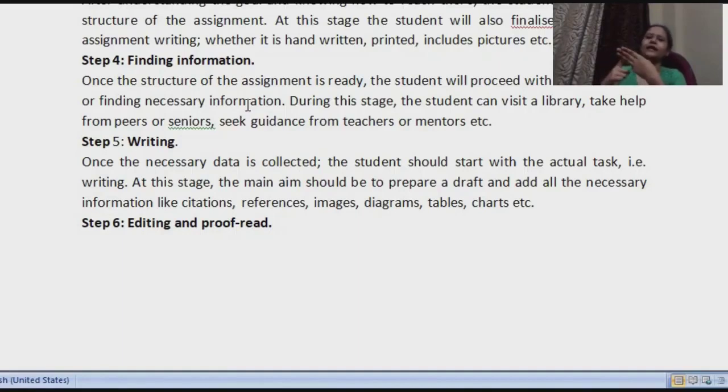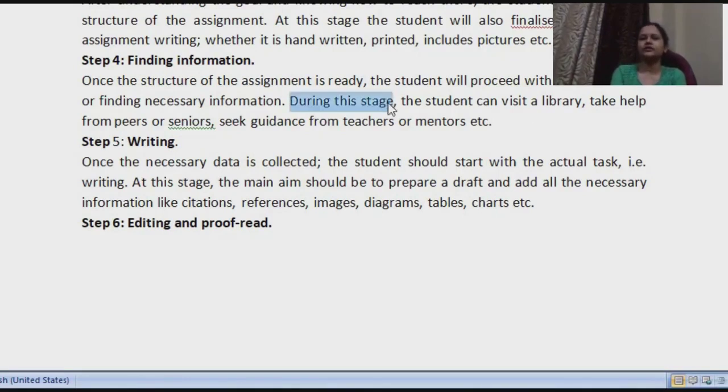Maybe you need another book that gives examples of different steps. So you will look for all these different data or material, maybe online, maybe some books. You will collect all of that. That is nothing but finding information. For that, you can visit some websites, some online materials, whatever it is, you will do that.